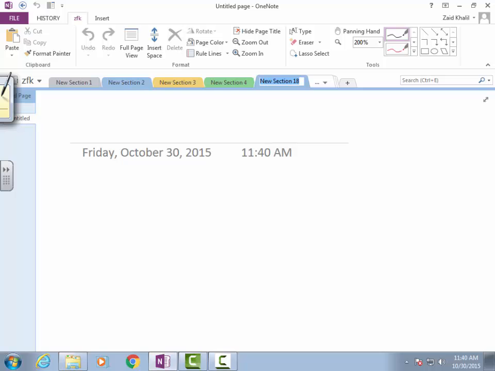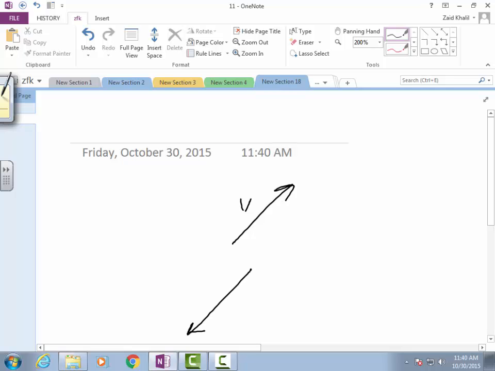This means that you have some vector v, and then negative v would be this same exact vector in the opposite direction.